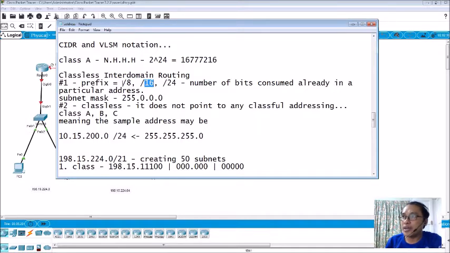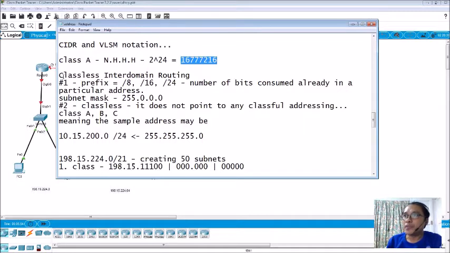In that manner we can control the number of bits consumed in that particular network, rather than using one address and wasting a lot of IP addresses like class A. If you are working on class A, only one address has 16,777,216 IP addresses, which is a lot of waste. That's why we perform any computation or notation that lessens the waste of our IP addresses.